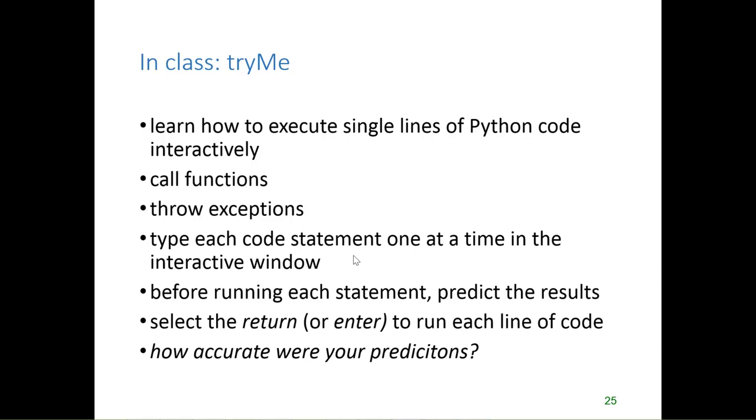Before running each statement, try to predict the results. Select return or enter to run each line of code. So you type it in, you hit return or enter, whichever your keyboard has, and then see how accurate your predictions were and see if you can figure out if you made any mistakes, why you were wrong and what it's actually doing.